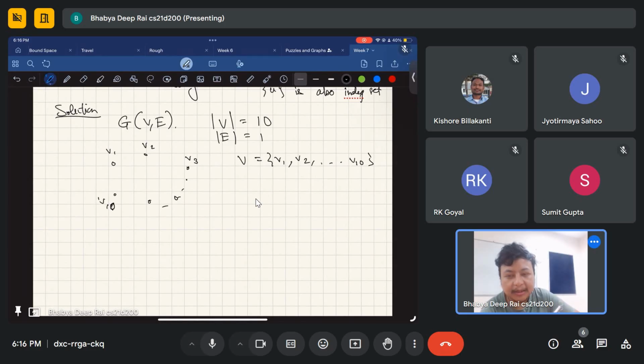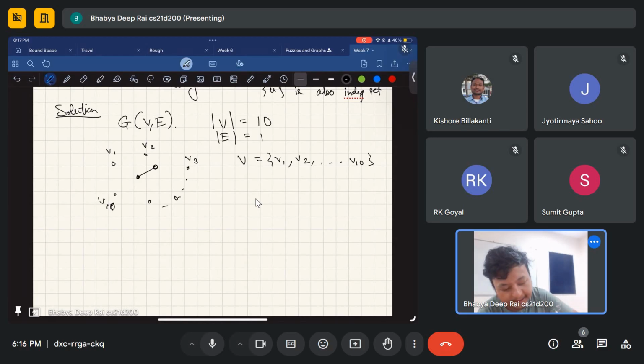Now what do you want to do? You want to count the number of independent sets. Remember, the graph has size 10 and there is exactly one edge sitting inside the graph.